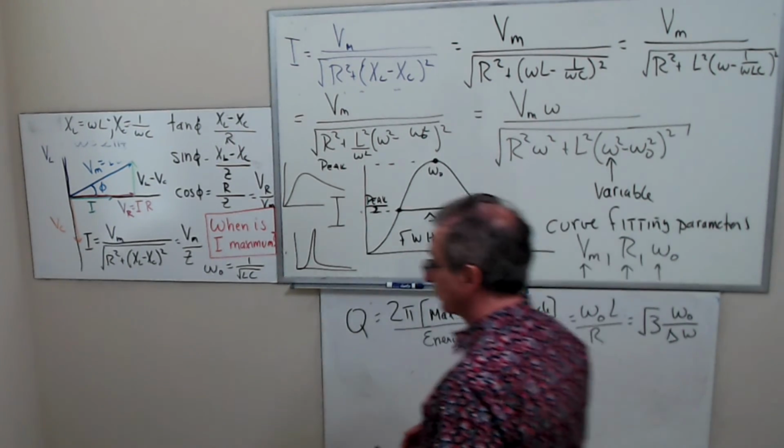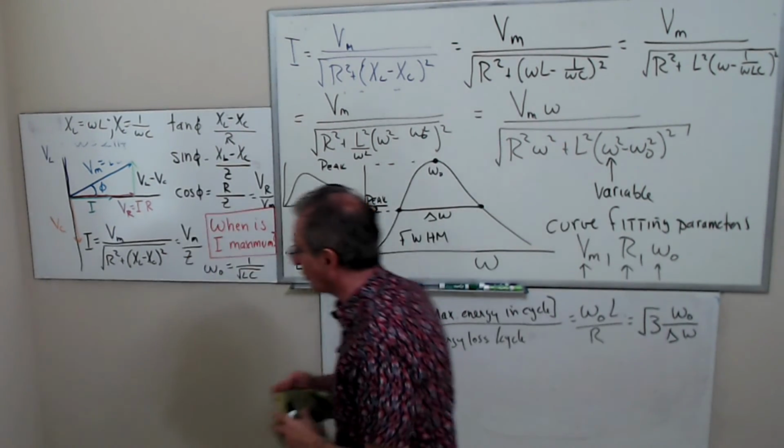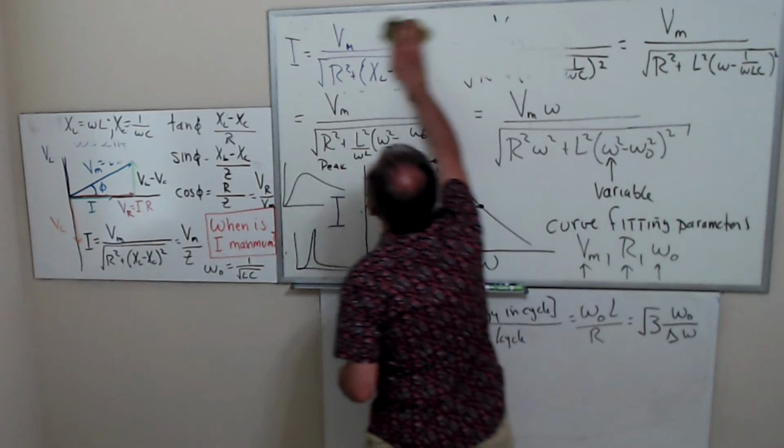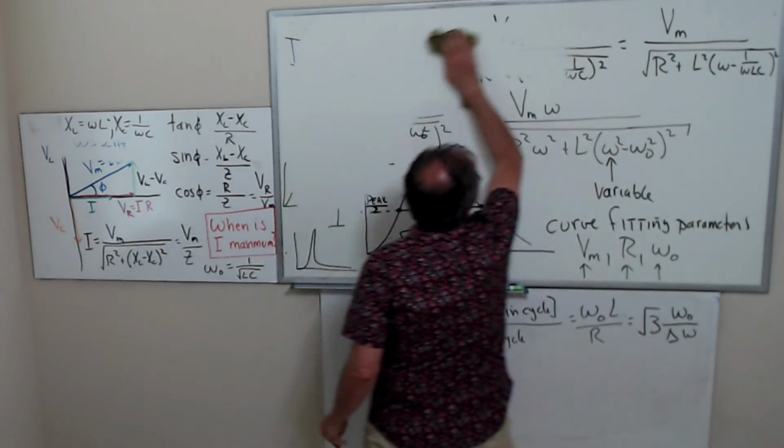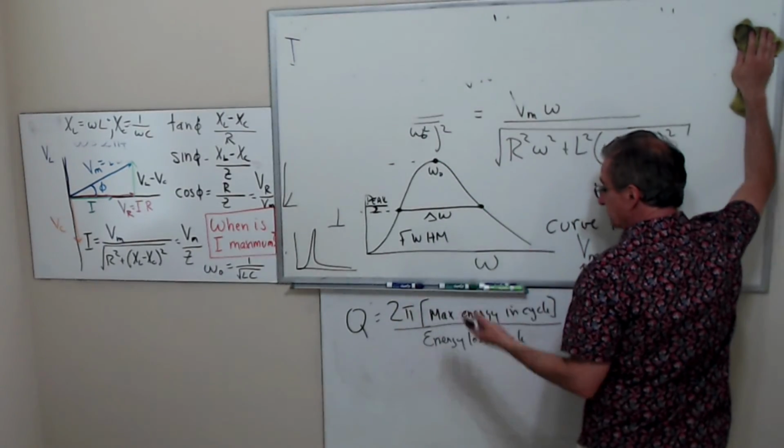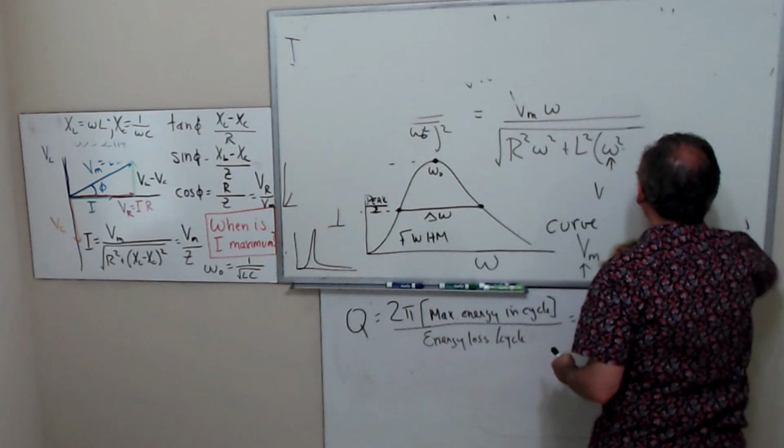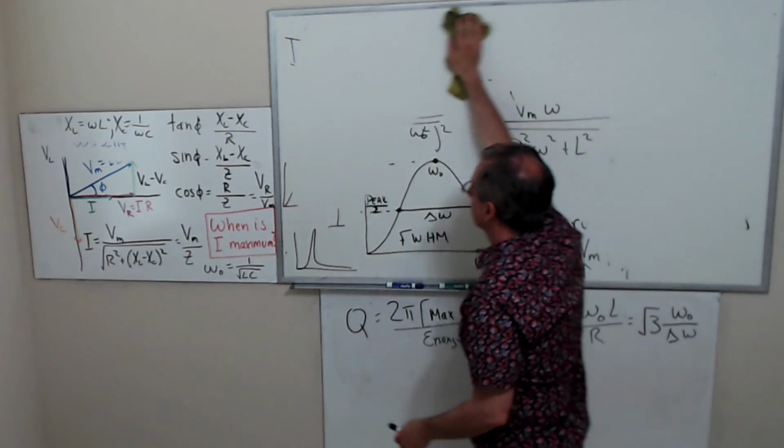All right, so I want to set up the differential equation for the RLC circuit. I'm going to apply Kirchhoff's laws. I have a power supply, a resistor, capacitor, and inductor.